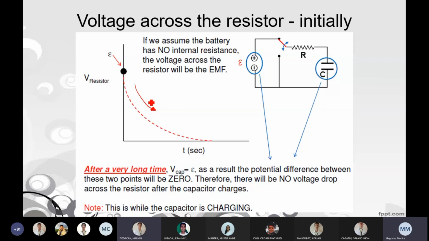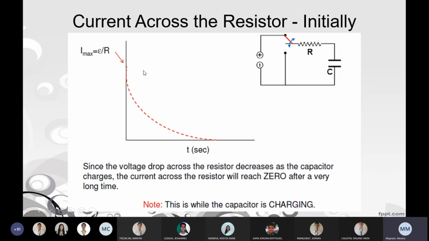Therefore, there will be no voltage drop across the resistor after the capacitor charges. So, this is while the capacitor is charging. So, yung current, syempre, mula dun sa maximum na state niya, so yung E over R by Ohm's law, bababa din yung ating current, papunta sa 0.